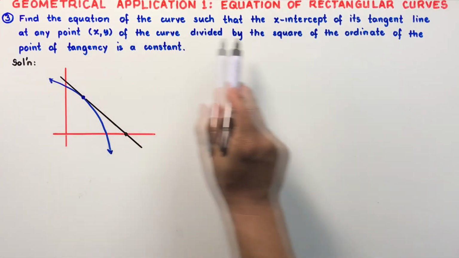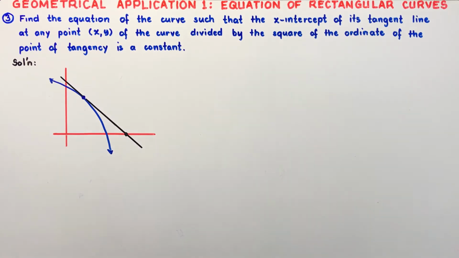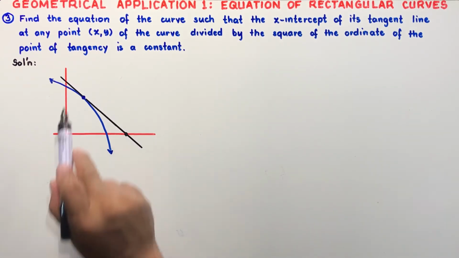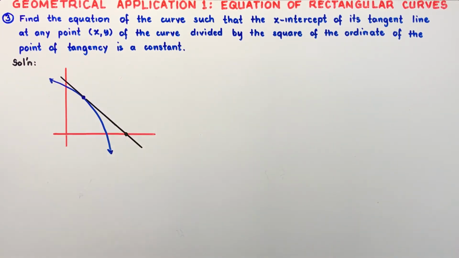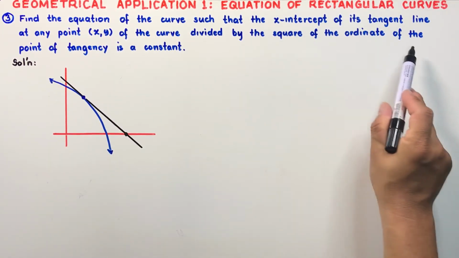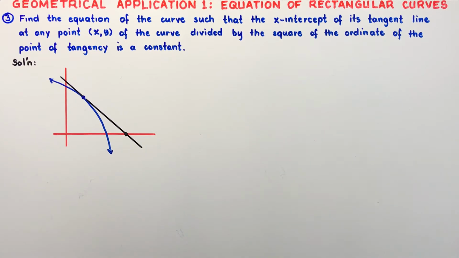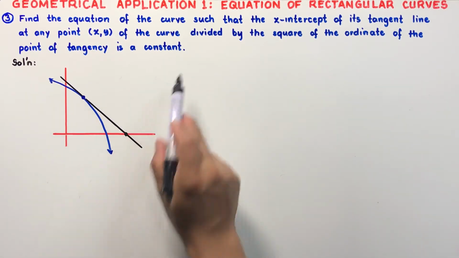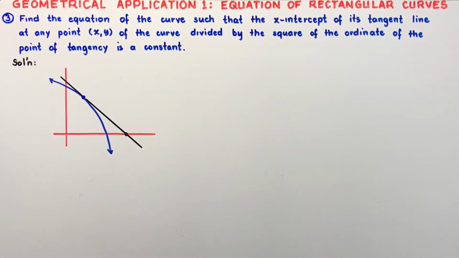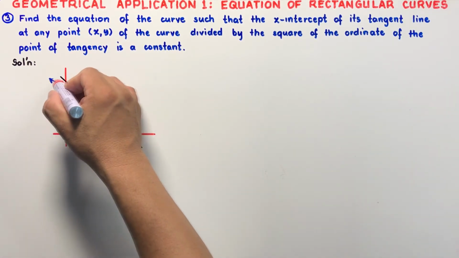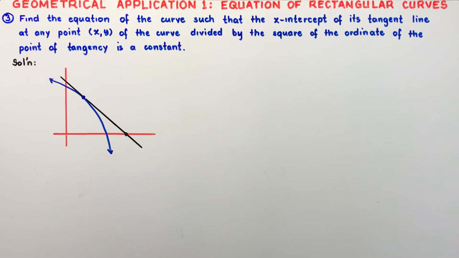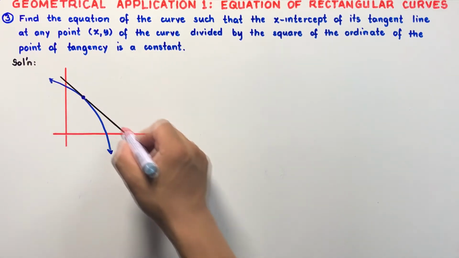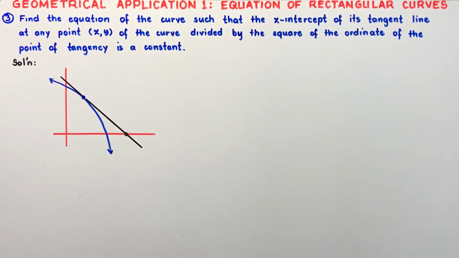Find the equation of the curve such that the x-intercept of its tangent line at any point (x, y) of the curve, divided by the square of the ordinate of the point of tangency, is a constant. If we sketch the graph of this curve, the graph here is the blue curve and its tangent line is the black straight line.